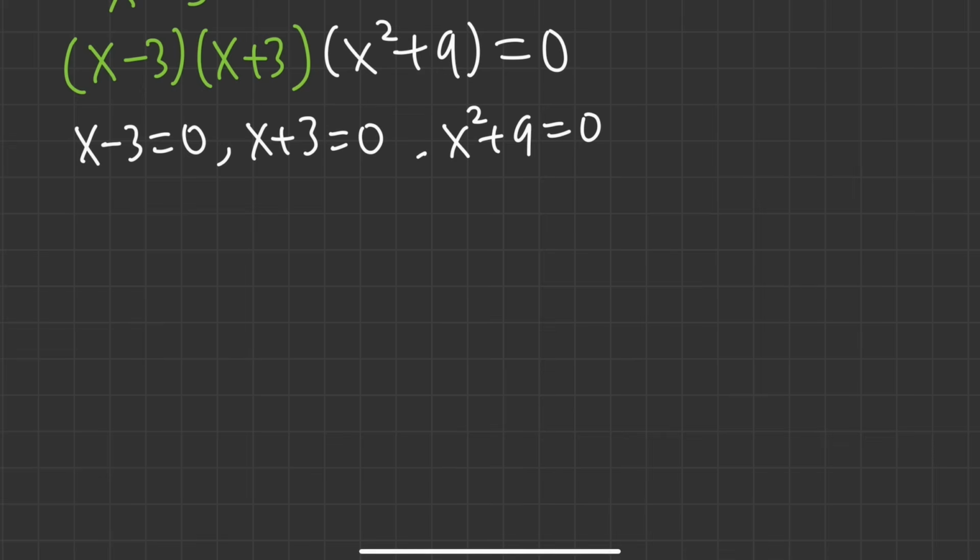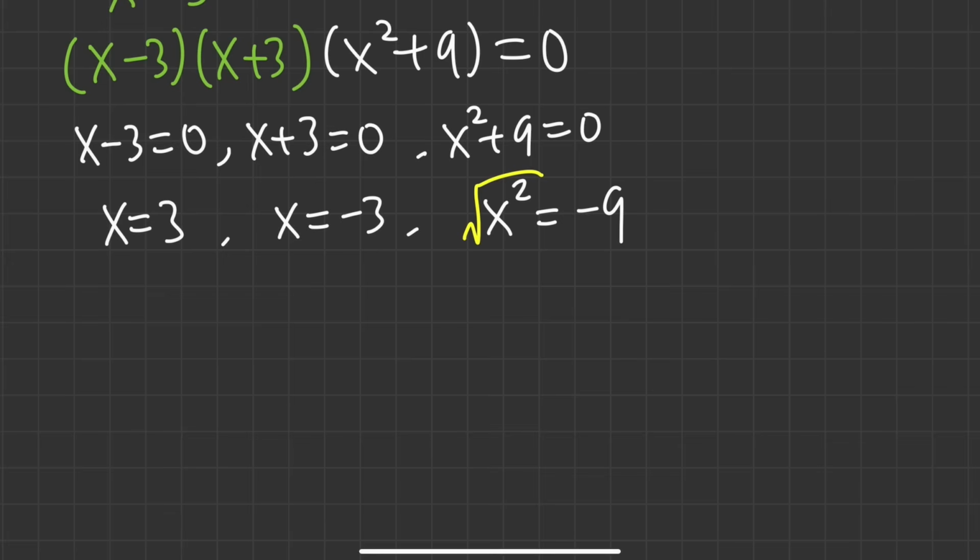For the first one, just add 3 to both sides, x is equal to 3. For the second one, subtract 3 from both sides, x is equal to negative 3. For the third one, subtract 9 from both sides, and then take the square root of both sides so that the square root cancels. Make sure you put a plus or minus though. And then right here you see we have the negative inside of the square root. That's how we are going to get the i.